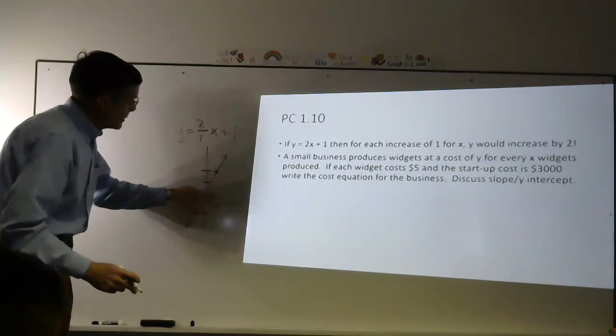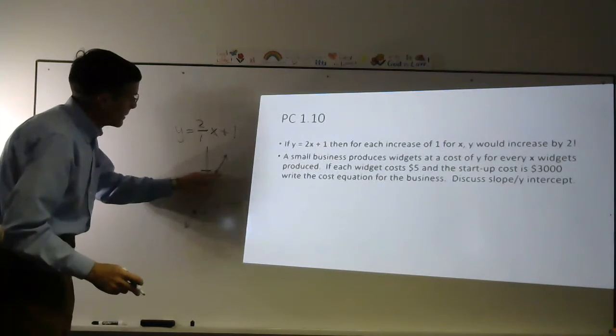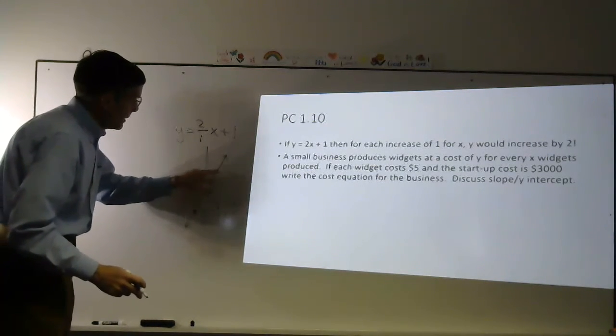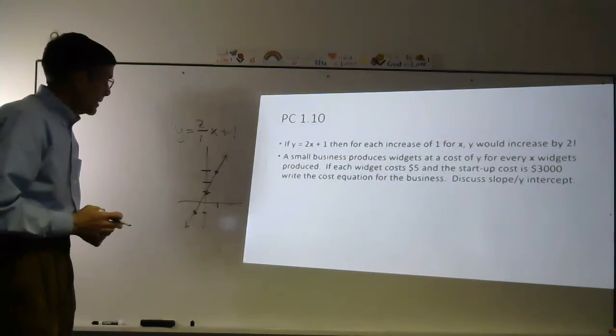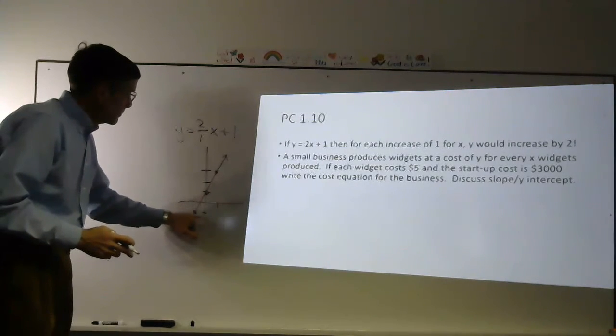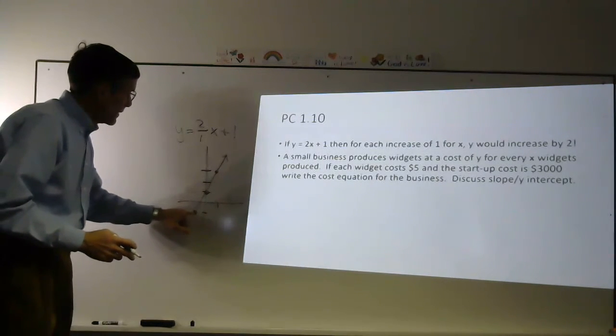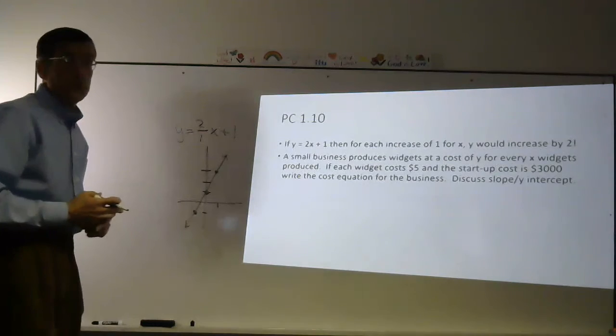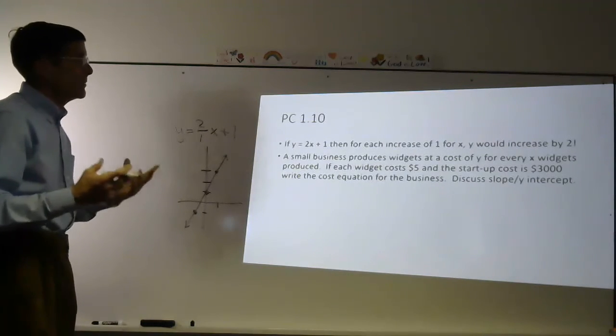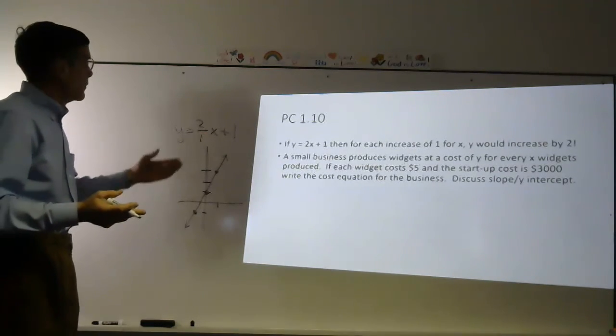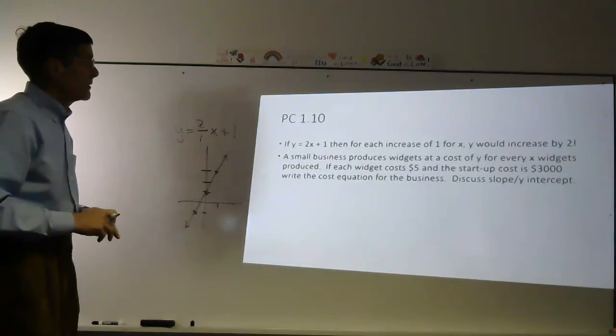The y value increases from here up to there. It goes up by 2. As x increases from here to here, the y value goes up 2. So slope is a rate of change for the y value with respect to the x value.